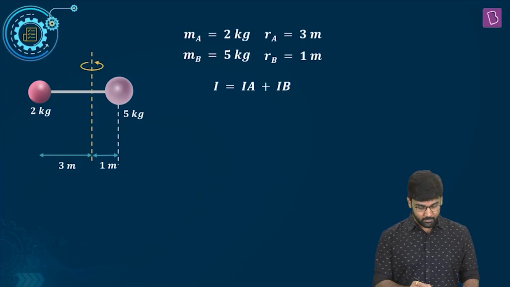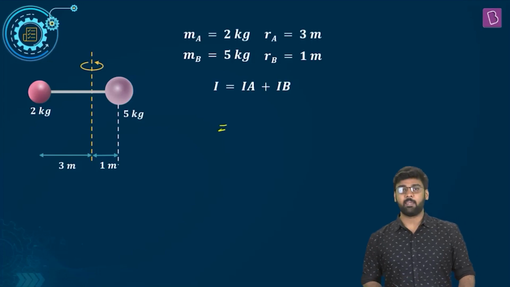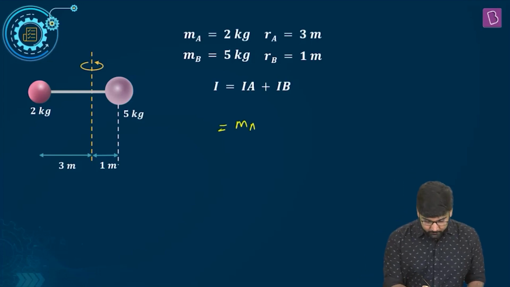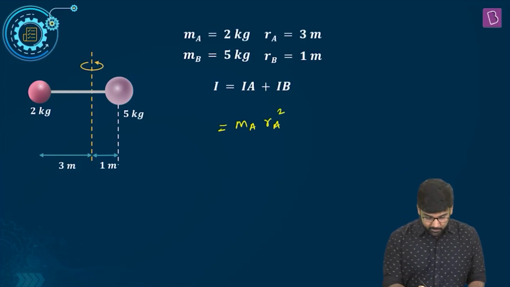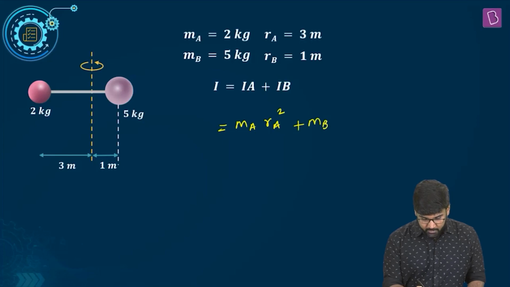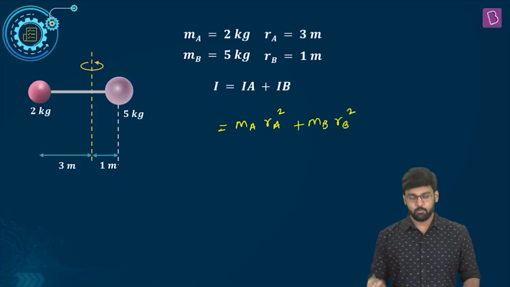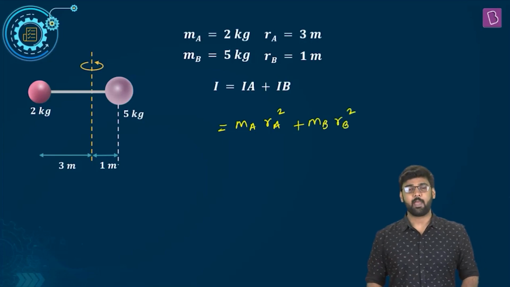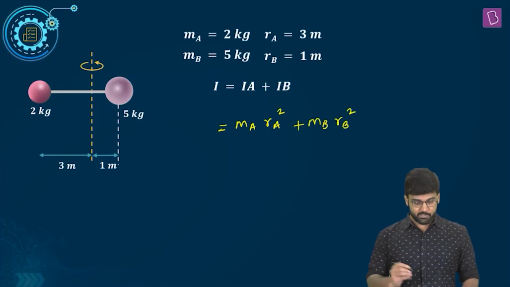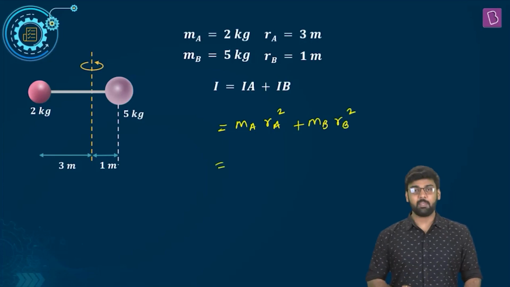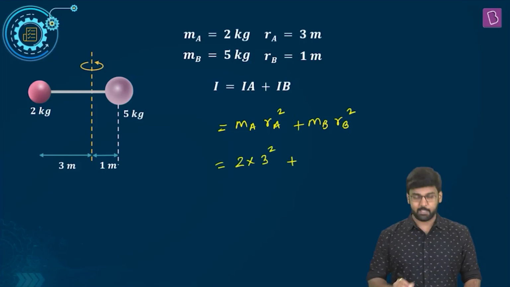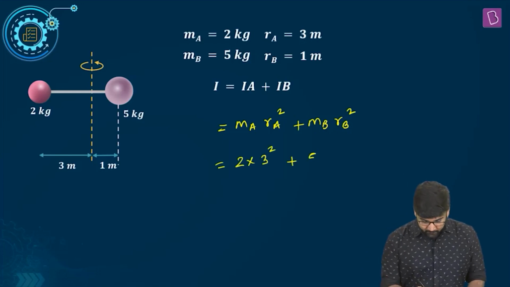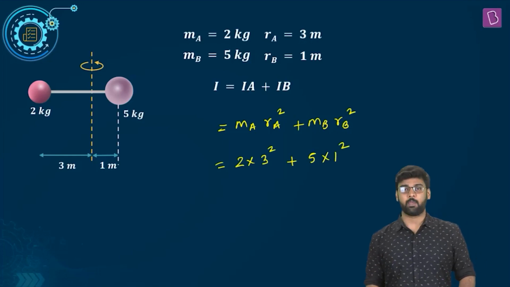So let's do that. We can write IA as MA into RA square. And similarly, we can write IB as MB into RB square. And we have all these values. Let's substitute all of them. MA is 2 kg. So 2 into 3 square plus MB is 5 into 1 square.